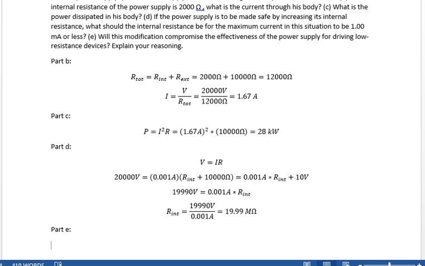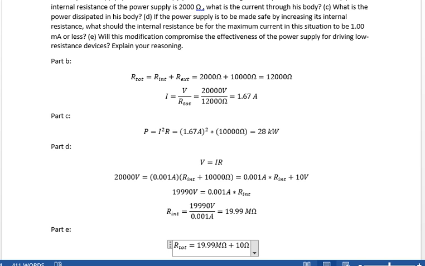So imagine a low resistance device. Let's say that the resistance of the device is 10 ohms. Which means that with this internal resistance, our total is going to be 19.99 megaohms plus 10 ohms.